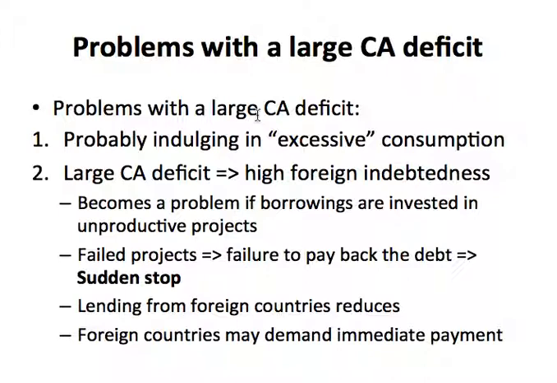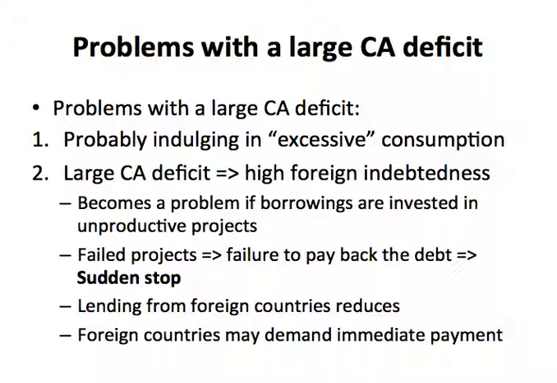First of all, lending from foreign countries will just decline when the foreign countries find that you can't pay the debt back, then they'll just stop lending you money. The second thing, which falls under sudden stop, is that the foreign countries may demand immediate payment of the previous loans that they made. So these are the two problems with a large current account deficit.